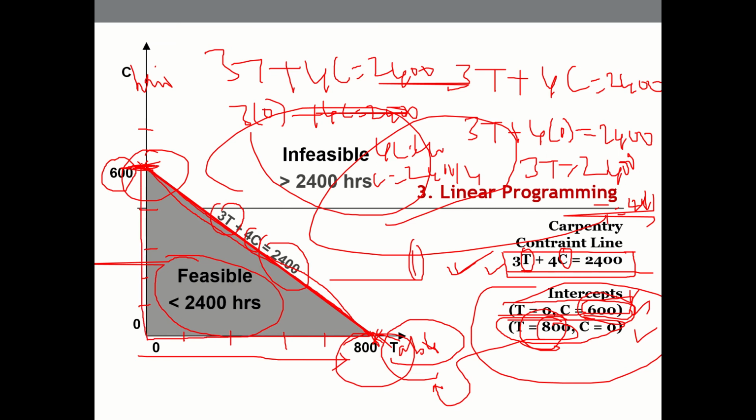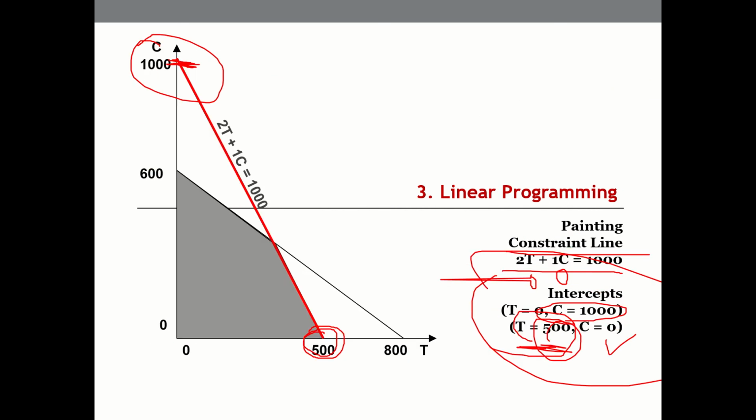Now this is a feasible area only from the perspective of carpentry work. Now we have a constraint. What is the constraint? We also have to look at the painting work. If you superimpose this on this triangle, we get an intercept of 1000 for chairs and an intercept of 500 for tables, and you can see that by default this region has become non-feasible.